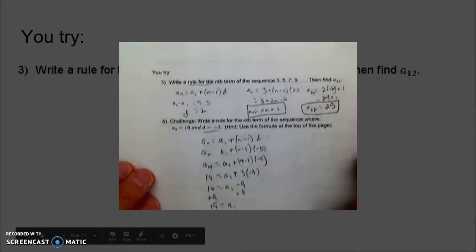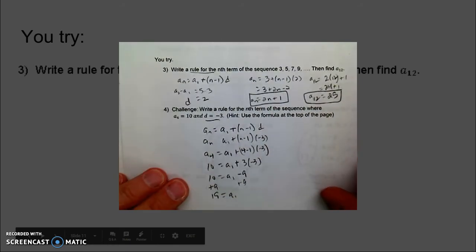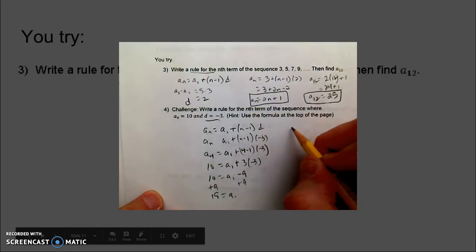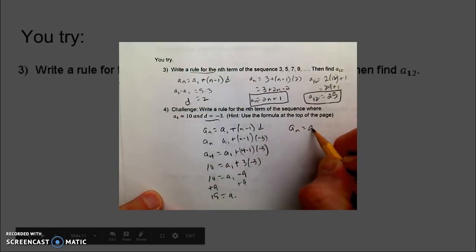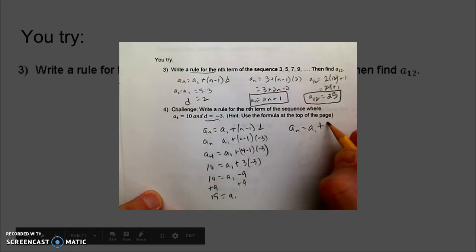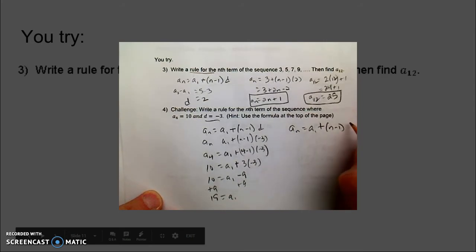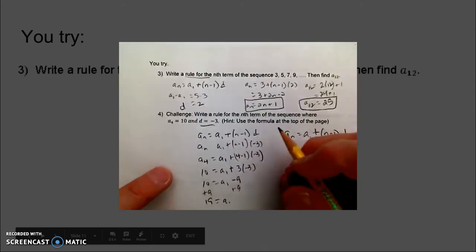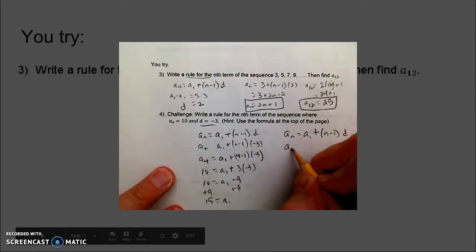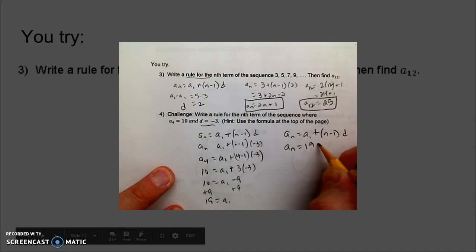So our a sub 1 is 19. Awesome. So a sub n equals a sub 1 plus n minus 1 times our d value. Let's plug in what we know. A sub n equals 19 plus n minus 1 times negative 3.